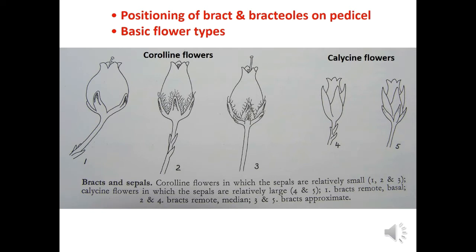Okay, then there are 2 other really key factors that you need to know for Ericaceae. So they have either coralline flowers or calycine flowers. So coralline flowers is where the corolla has taken the display function.